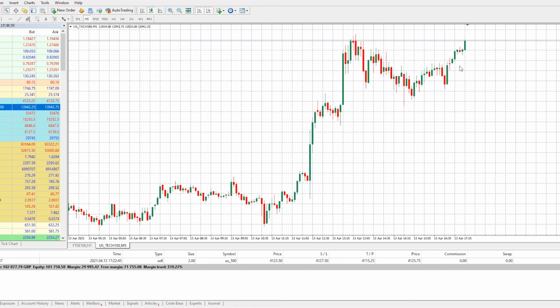Nasdaq is the same thing, right? Nasdaq is testing the all-time highs. It's driven more by the tech stocks. The tech stocks are less affected by the vaccine news. Why? The tech stocks did well during the pandemic. Think about it. Everyone started using Zoom and Facebook and social media and social business apps.